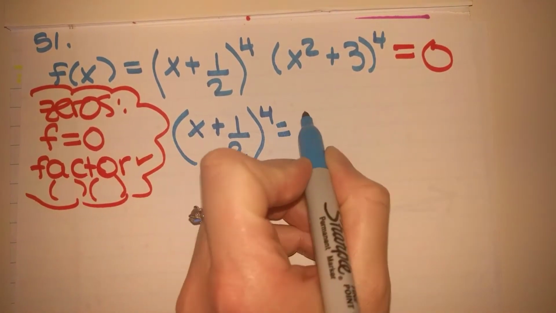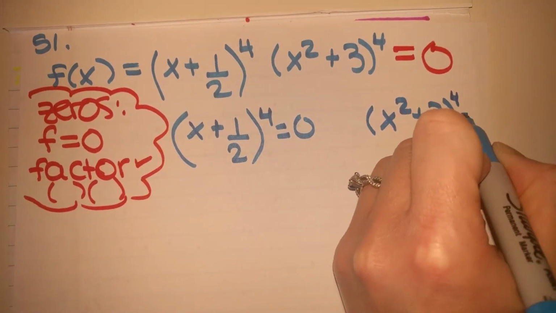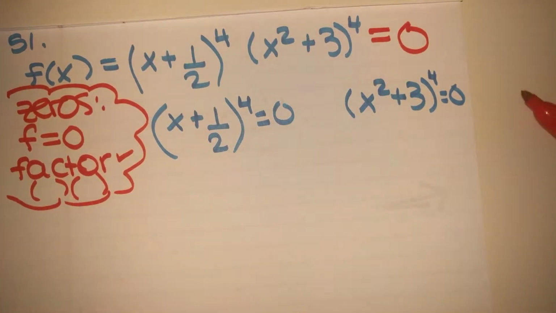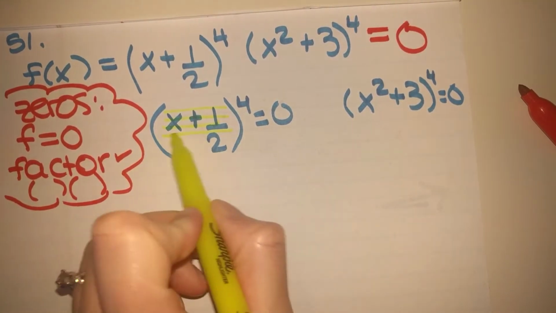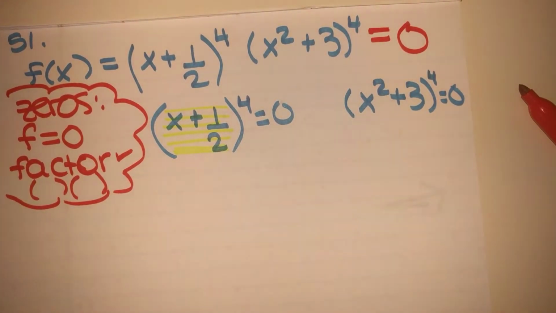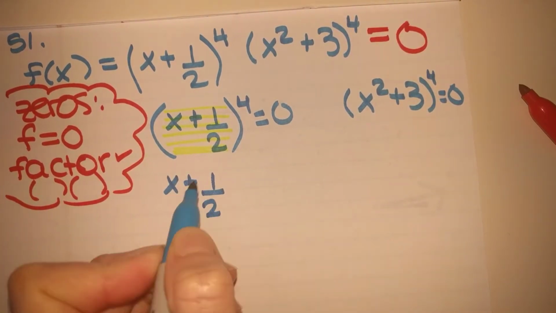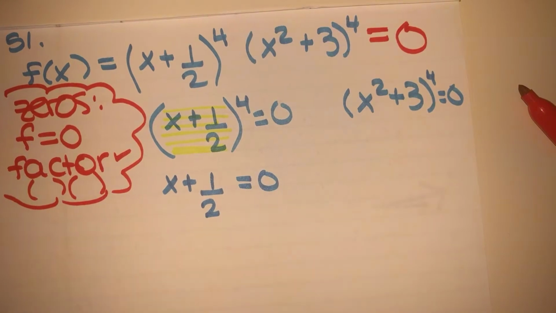When we set each of the factors equal to 0, you can easily get rid of the fourth power in this case by taking the fourth root of both sides. And you're really just focused on whatever is in parentheses, setting that equal to 0. So because it's already factored, we set the factors equal to 0. We could take the fourth root of both sides, and then we would get x plus 1/2 is equal to 0.